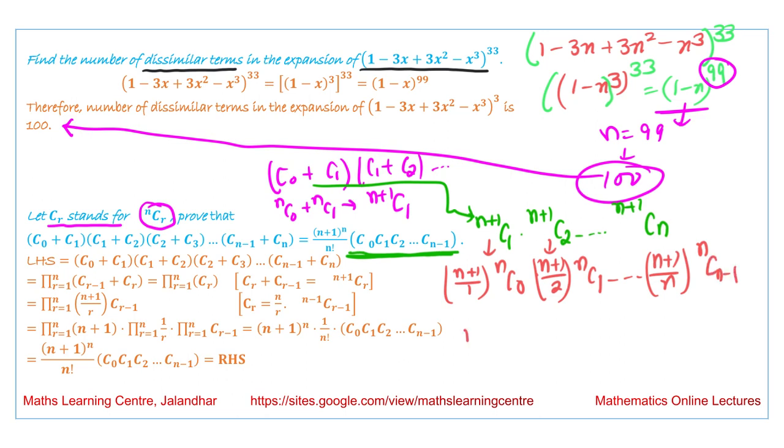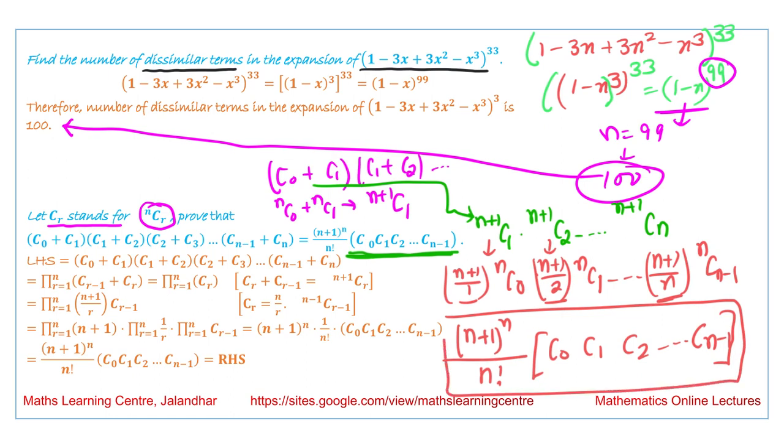So we can write this as (n plus 1) raised to the power n, the total number of terms, divided by 1 into 2 into 3, and so on up to n. So it is n factorial, and over here we have the terms C0, C1, C2, and so on up to C(n minus 1). So this is the required result that we have to prove.